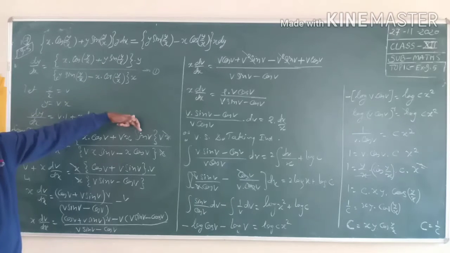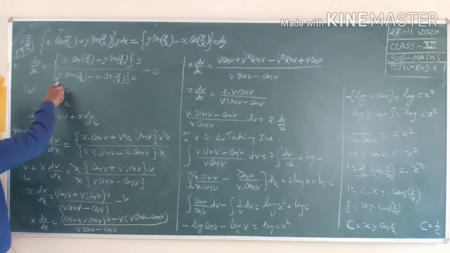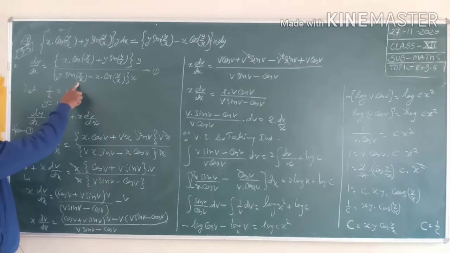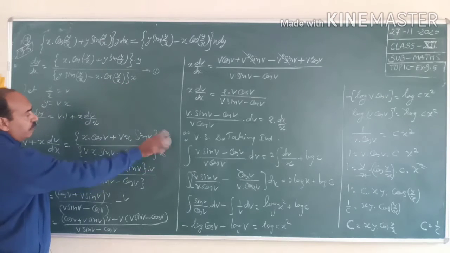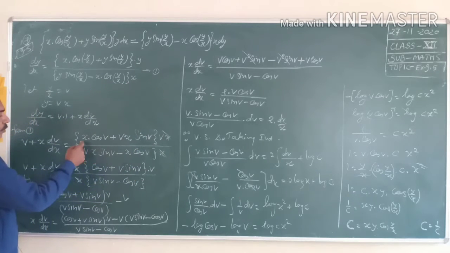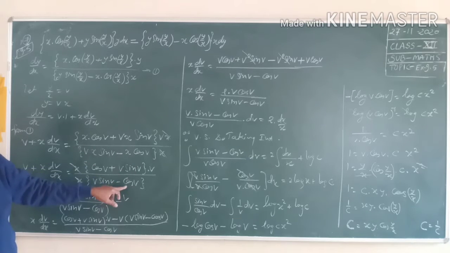In the numerator we get cos v and v sin v, and the x cancels out, with x common from the remaining bracket. In the denominator, if x is common, we get v sin v minus cos v.